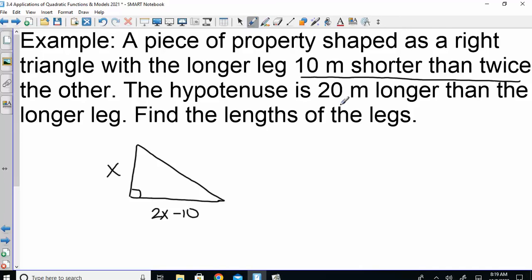The hypotenuse is 20 more than, or 20 longer than, the longer leg. So here's my longer leg, 2x minus 10. If I want 20 longer than that, what would we have to do? So that side is 2x plus 10.